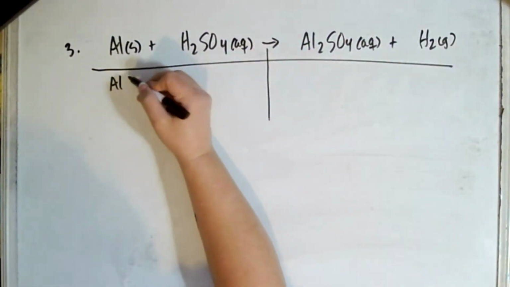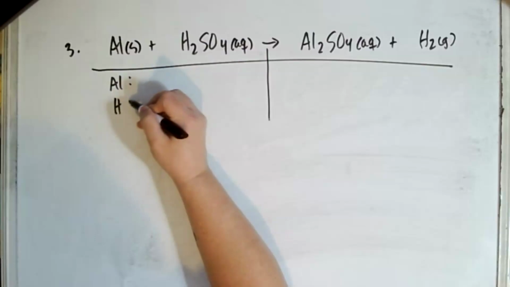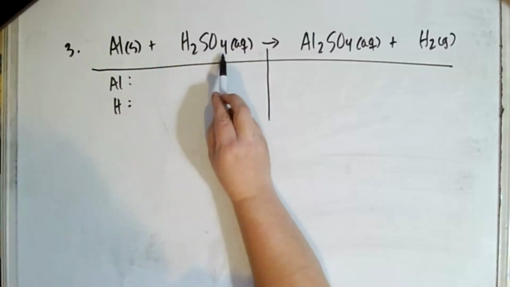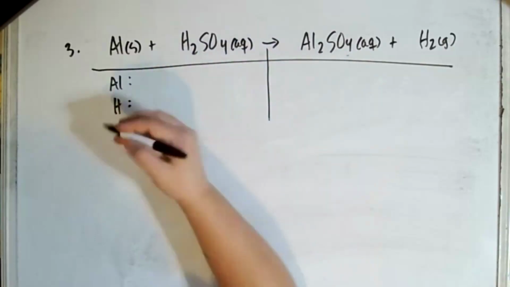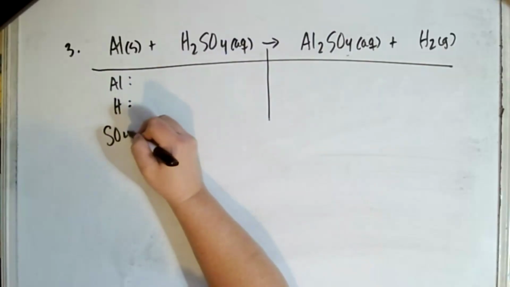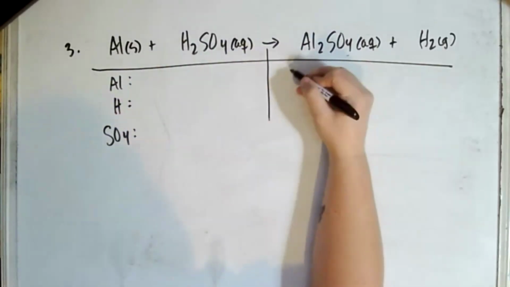So we have aluminum, we have hydrogen, and you see how we have the sulfate ion on both sides? We can keep that sulfate as a unit on both sides when we're counting.